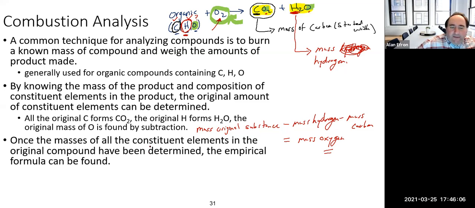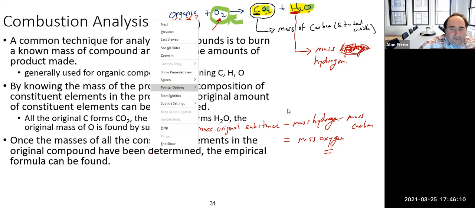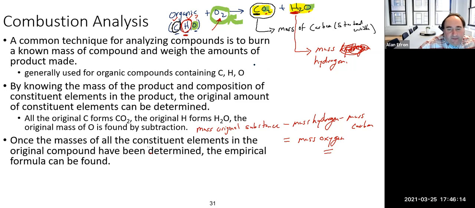How are we going to do this? Well, we're going to do this very similar to a calculation we did earlier in the chapter where we use the actual formulas of CO2. So if I look at the formula of CO2, 1 mole of the entire thing will give me 1 mole of carbon. If you remember, I think we did a problem where we were trying to find how many hydrogens there were.